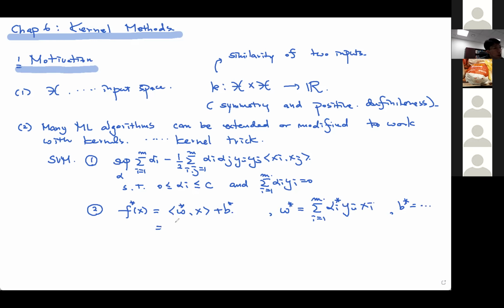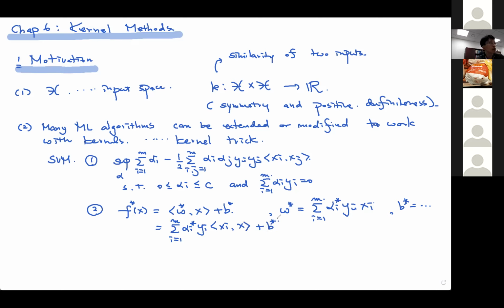But we also learned that we can write this f star in terms of inner products only: the sum of alpha_i star y_i times the inner product of x_i and x, plus b star.